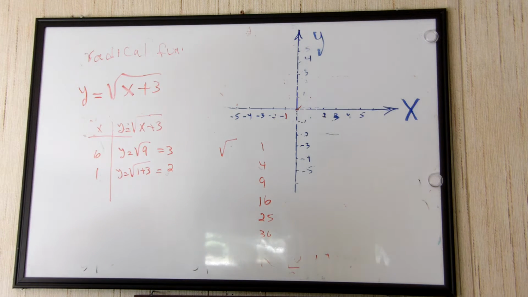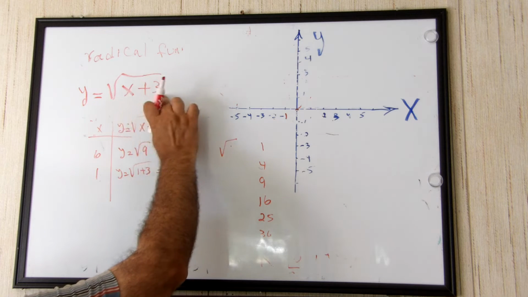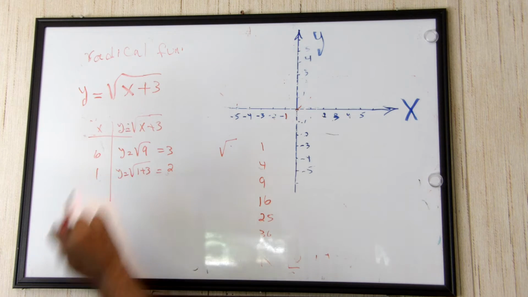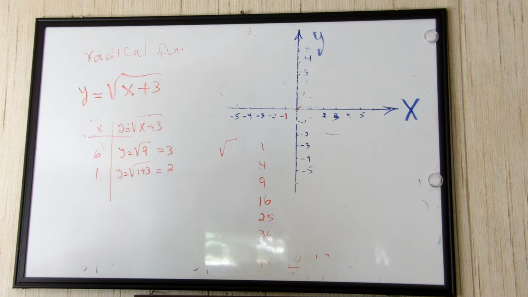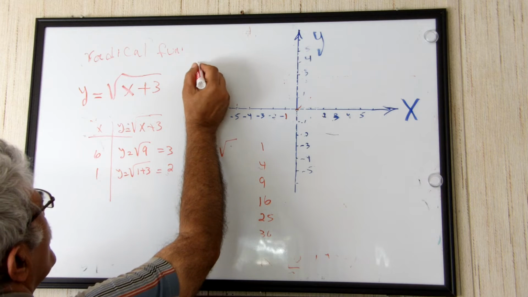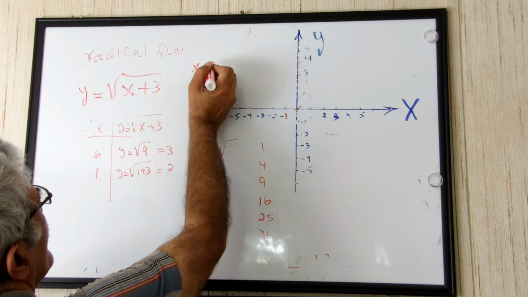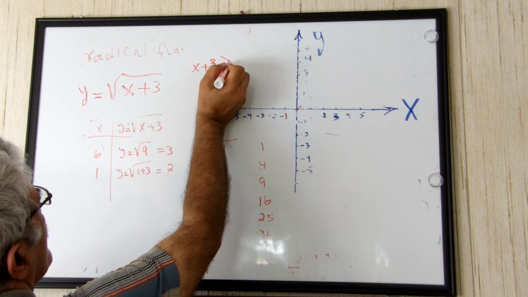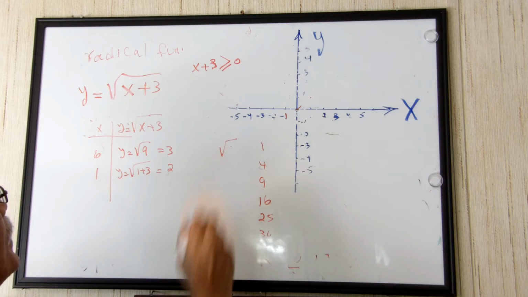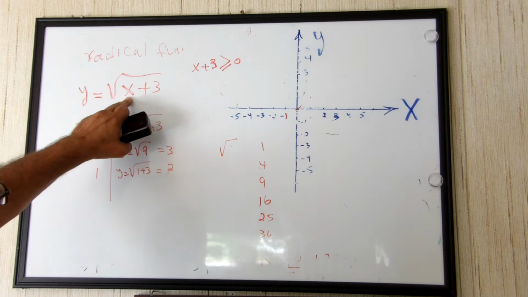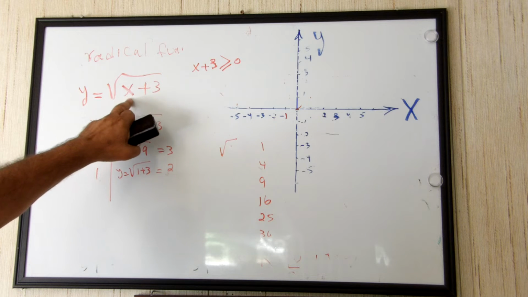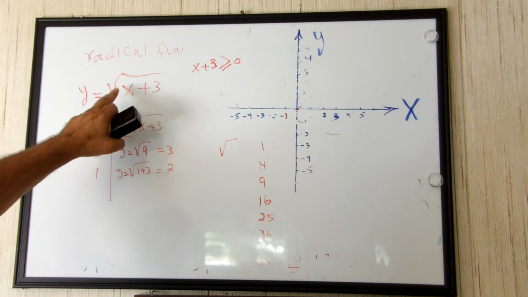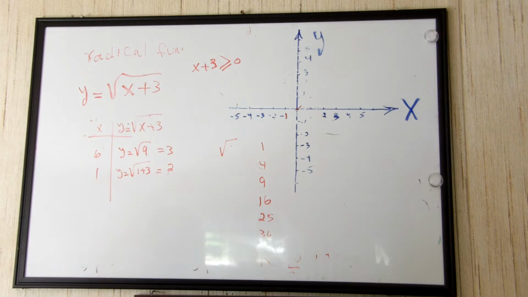So if you have these 2 points, one of the things you've got to notice is that underneath the radical, x plus 3 should be either greater than or equal to 0. It could be 0, or it could be a positive number, as we talked about, so we can get the square root of that. If it's a negative number, it cannot.